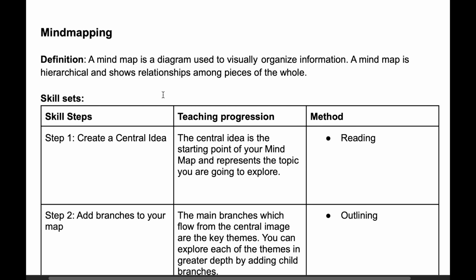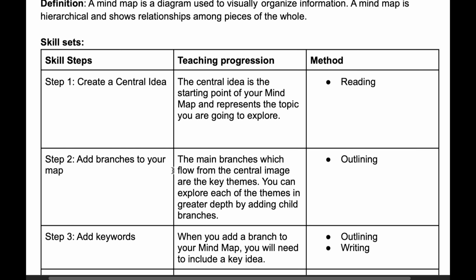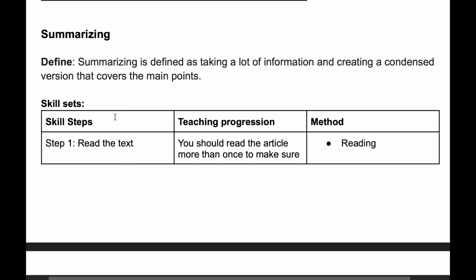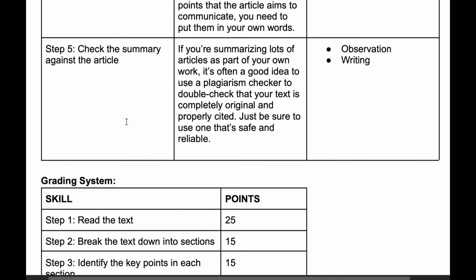Followed by mind mapping, a mind map that can be used to visually organize information. So we also ask students to do such things. And then the grading system, followed by summarizing, defined as taking a lot of information and creating a condensed version.